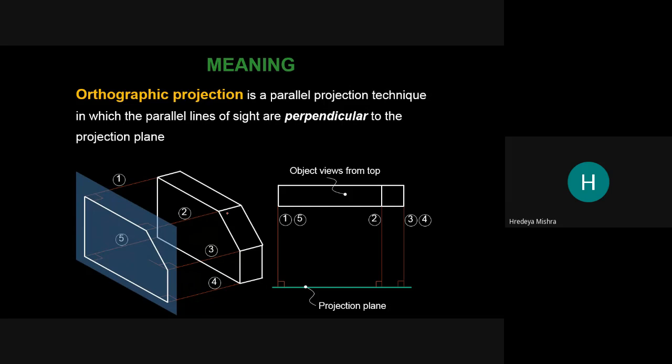Okay, so here 1 and 5 are overlapping, 2, 3 and 4 are overlapping, because we look from here. So this will happen.